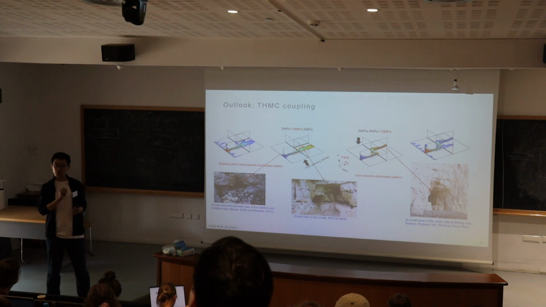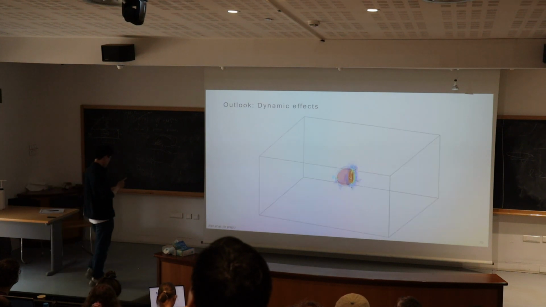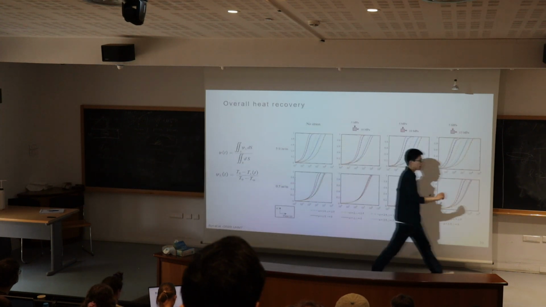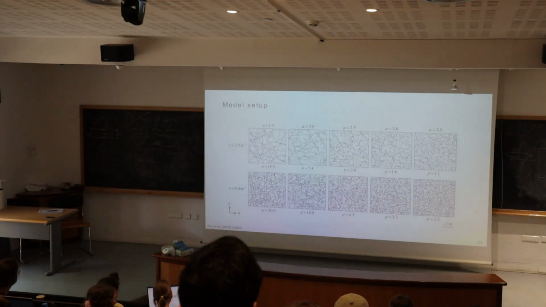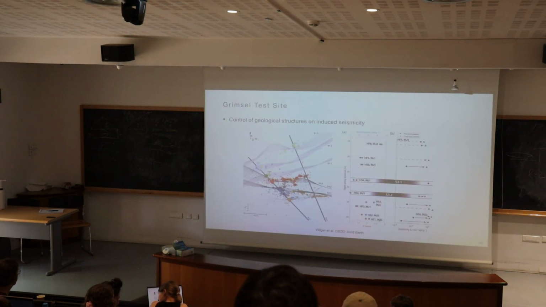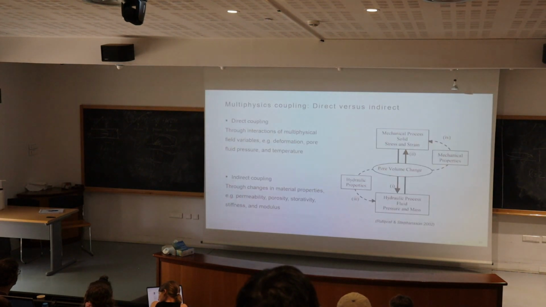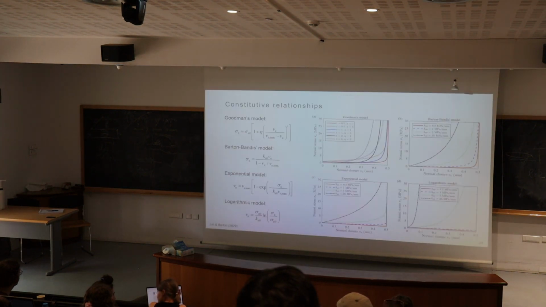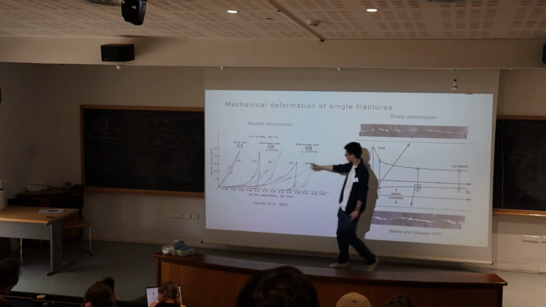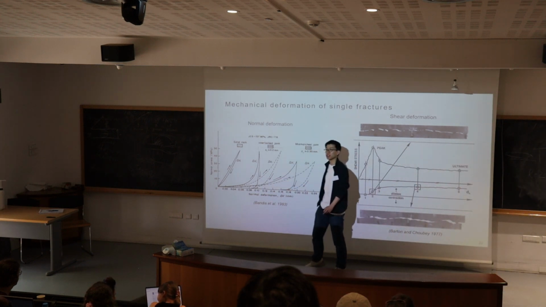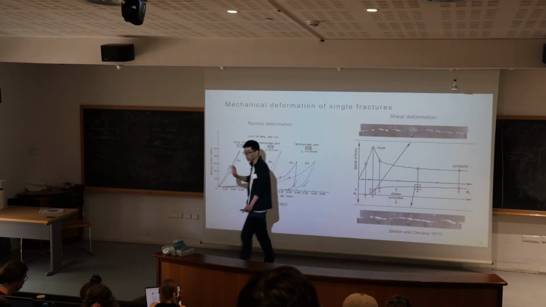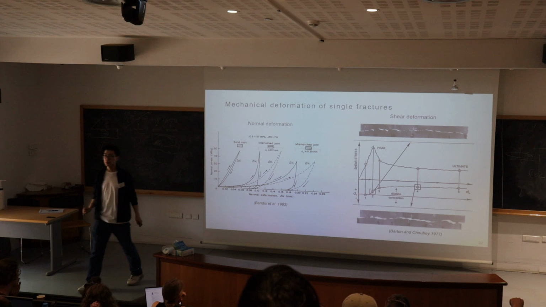Yeah. So in this model, what I'm using is, I can go back to here. It's quite far way back. So if we want to model this kind of unloading behavior, we probably need to consider the unloading constitutive behavior of, for example, the normal closure of the fractures. And for this, I still haven't implemented it in my model yet.